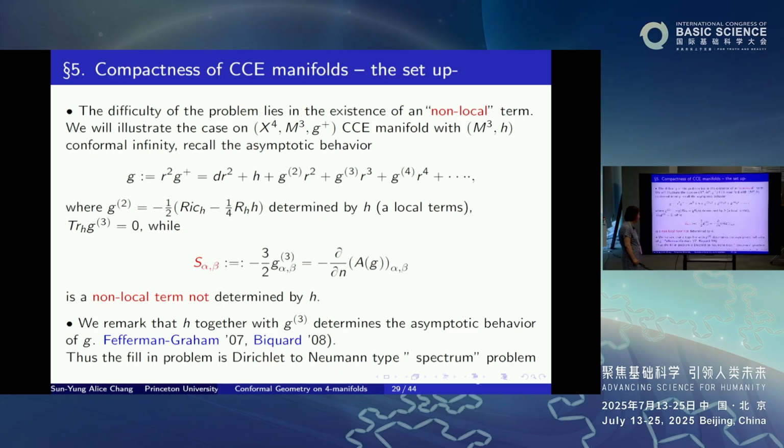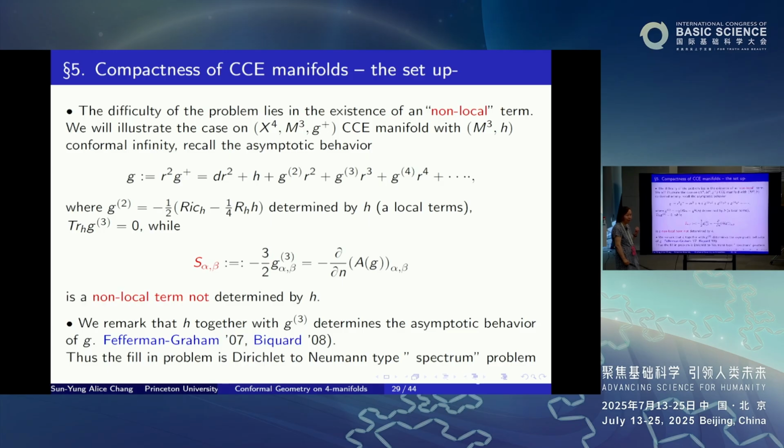But on the other hand, the work of Fefferman, Graham, and later Biquard says g3 and h decide g. Once you have this Neumann data and the Dirichlet data h, everything is determined. So the question we are asking ourselves is a spectrum problem.